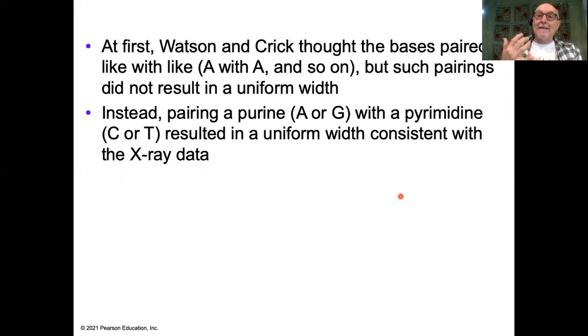If adenine always matched to thymine, purine to pyrimidine, and cytosine always matched to guanine, that would explain why, no matter what DNA you looked at, you would always have as much cytosine as you would have guanine, as much adenine as you would have thymine.